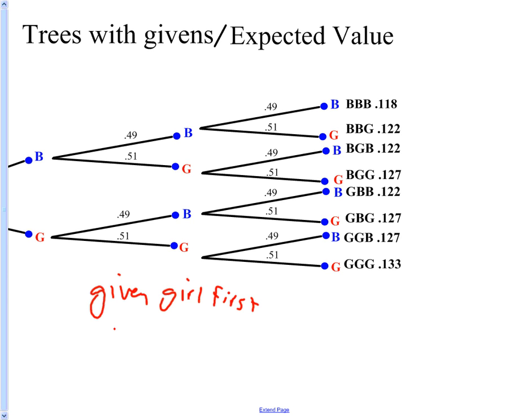Sorry, I'm saying gray cat first, as I did with girl last hour. Given gray cat first, what's the probability of gray, and then blue, and then gray? I'll pause while you finish that.